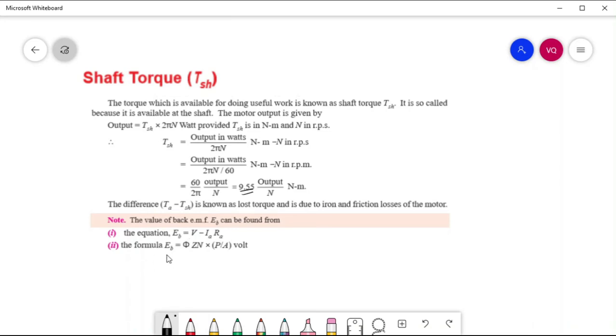Also the formula for back EMF is equal to flux Z n times number of poles divided by the armature parallel path A, parallel path in lap or in wave winding.